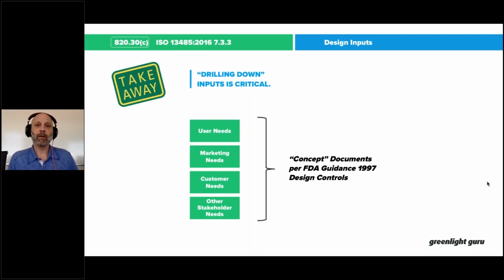Who is that person? Well, it's not the doctor or the nurse who's going to use your product. It might be somebody in purchasing or somebody in inventory management. Are those people also users? My suggestion to you is yes. So it's important to think about the complete process from the moment that your product is ordered till it's received, till it is used and reused or disposed of.